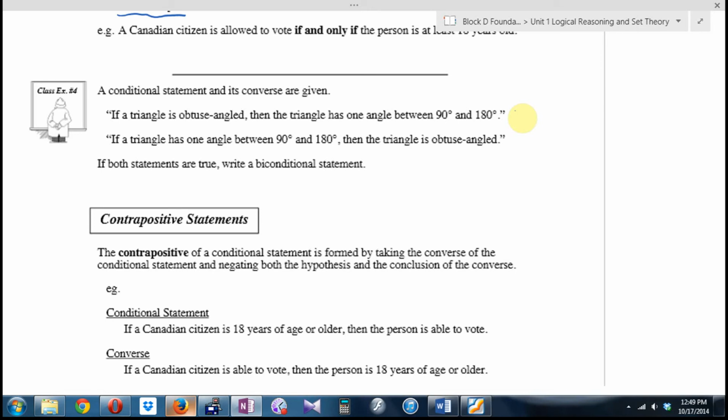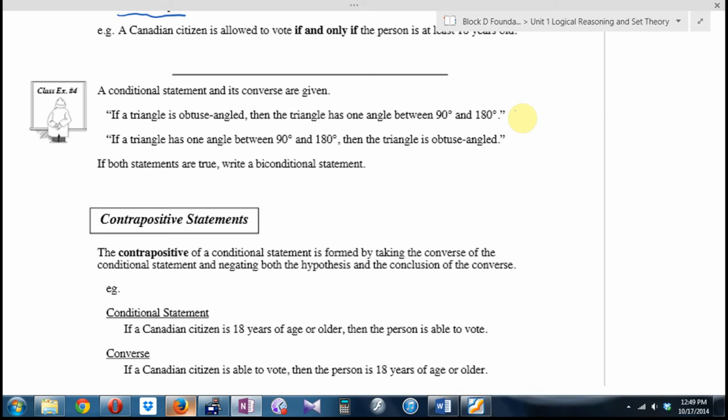Can it be bigger than 180? Think about it. Why can't it be bigger than 180? Jane? All three angles have to equal 180. Okay, the triangle has to equal 180, so it can't be bigger than 180.